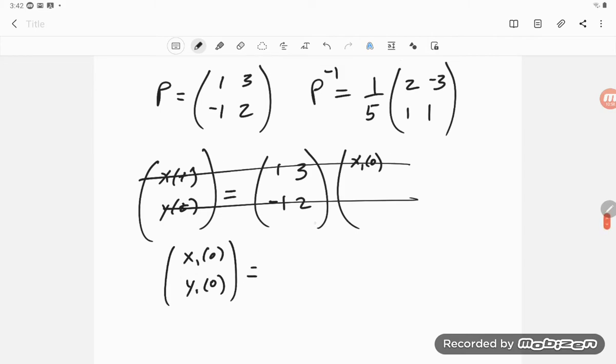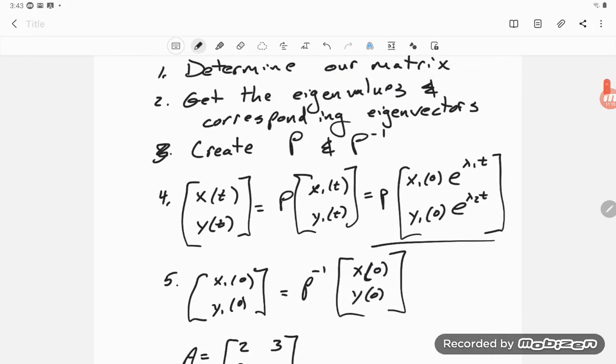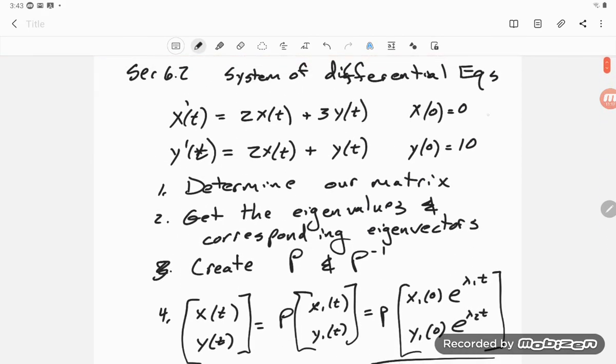Well, that is just our P inverse, so 1/5, 2, -3, 1, 1, times our x of 0, y of 0, that was 0, 10, I think. 0, 10, right there.